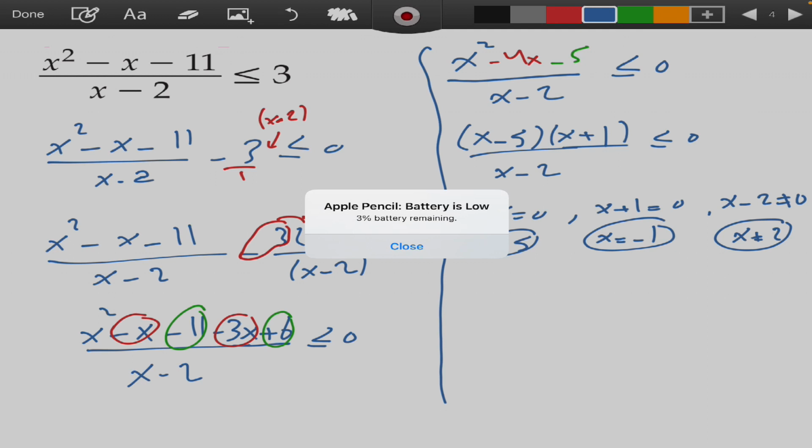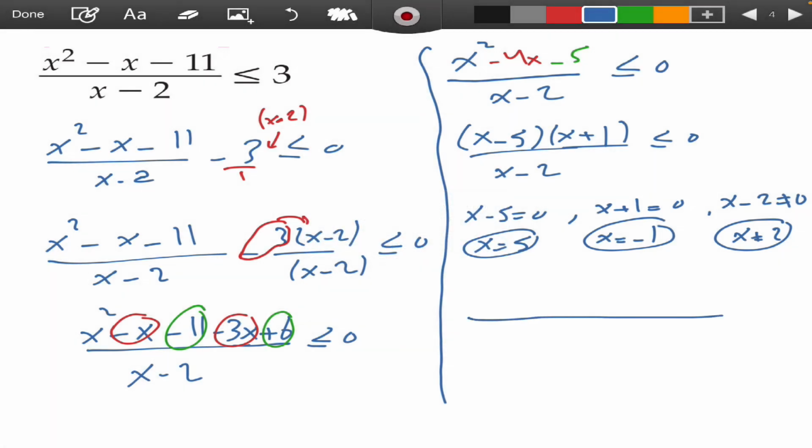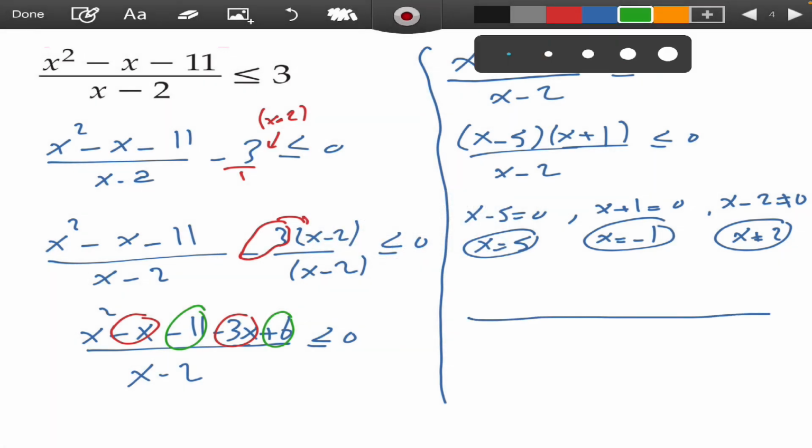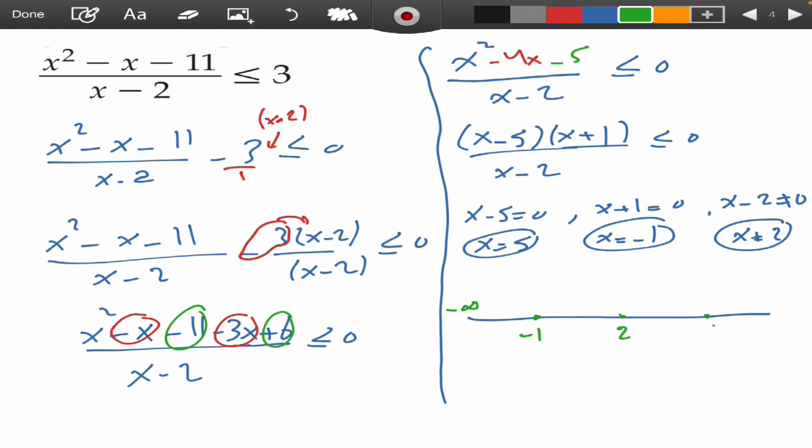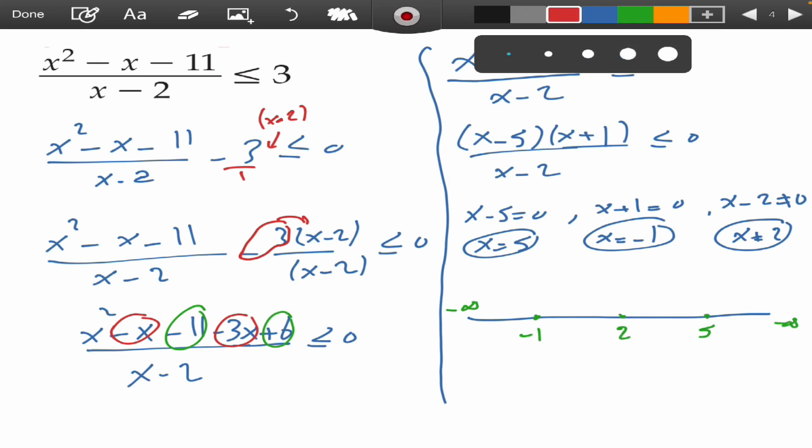Create the sign chart. From negative infinity, the least is negative 1, and then positive 2, and then positive 5. We have 4 regions to be tested.